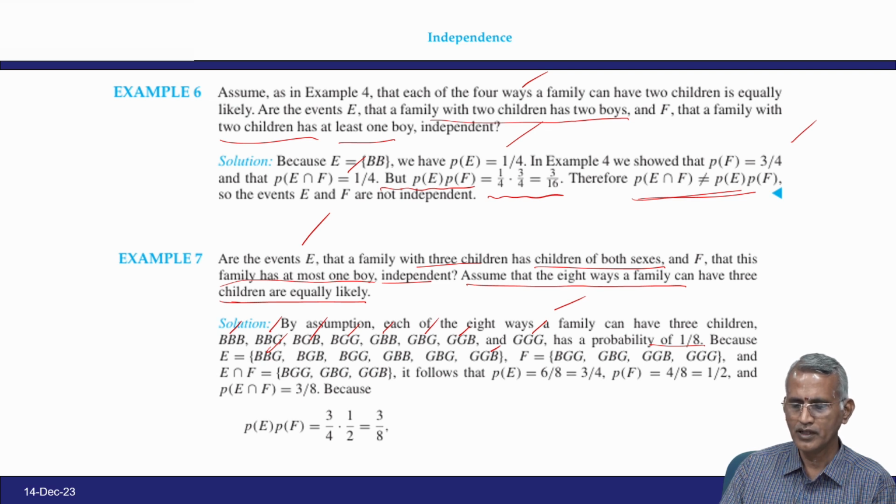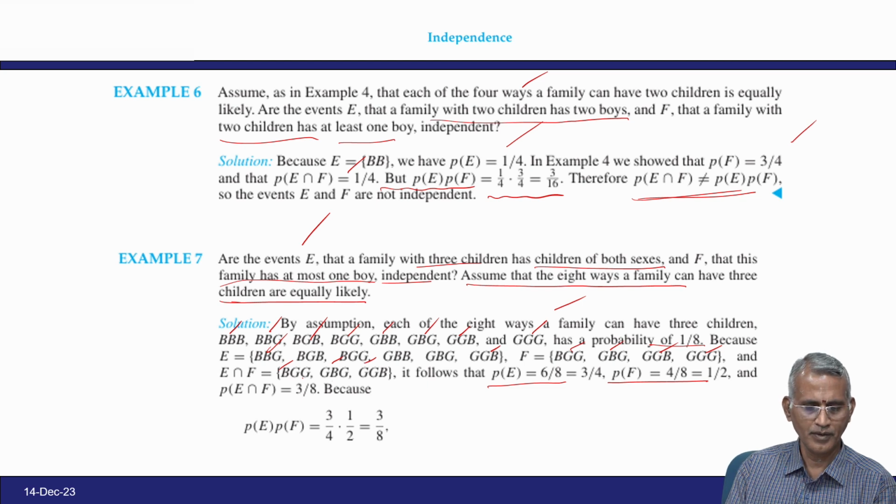Therefore, F is BGG, GBG, GGB, GGG, and E intersection F is equal to BGG, GBG and GGB. So, only 3 values come. Therefore, probability of E is equal to 6 by 8, which is equal to 3 by 4, and probability of F is equal to 4 by 8, equal to 1 by 2.